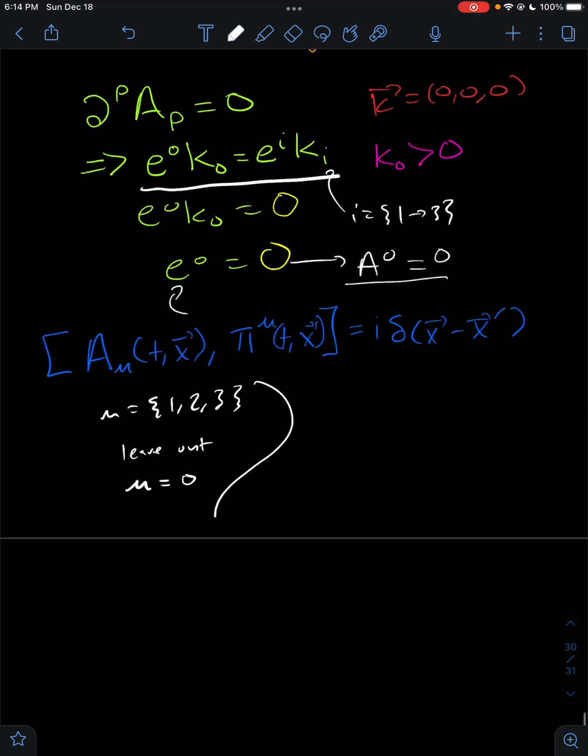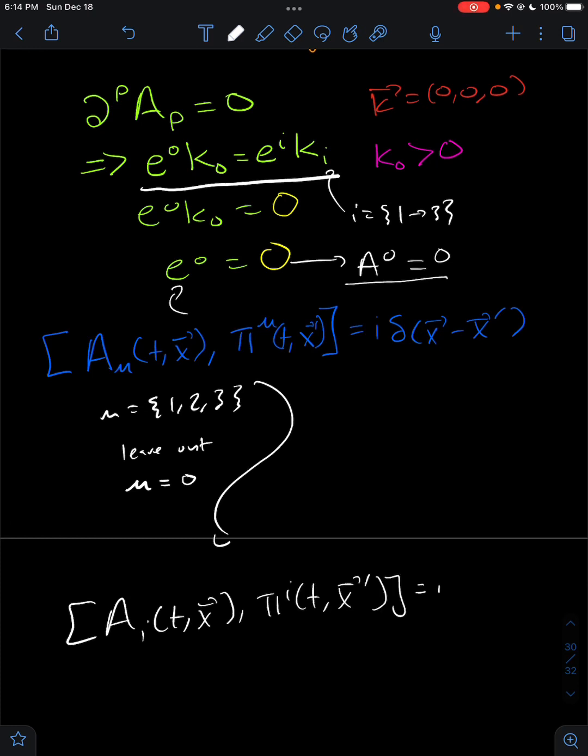This is telling us that we should really just say that we have a commutator between A_i(t,x) and pi_i(t,x'), and that's going to be i delta of x minus x prime, where here this i is not the square root of negative 1. i is just some variable that runs from 1 to 3.